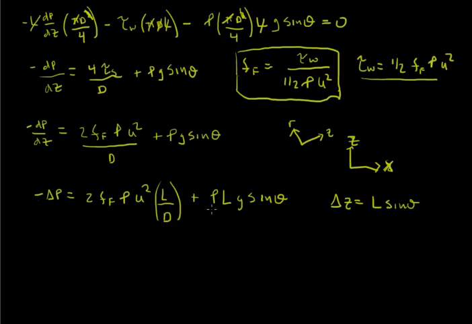And then if I take this expression, make this substitution, and divide out the fluid density to the left hand side, I'll end up with this final expression right here. So the negative change in pressure over the fluid density is going to equal 2 times the Fanning friction factor times the average fluid velocity squared, and then times this length over diameter of the pipe, and then I'm going to add to that a g delta Z.